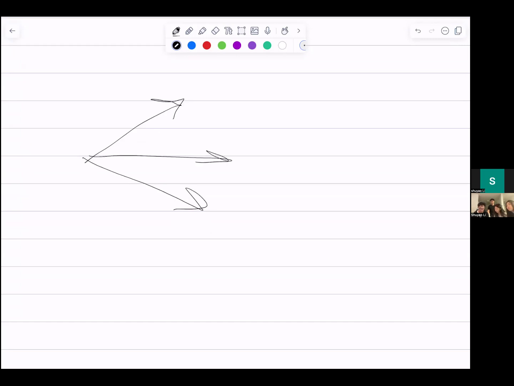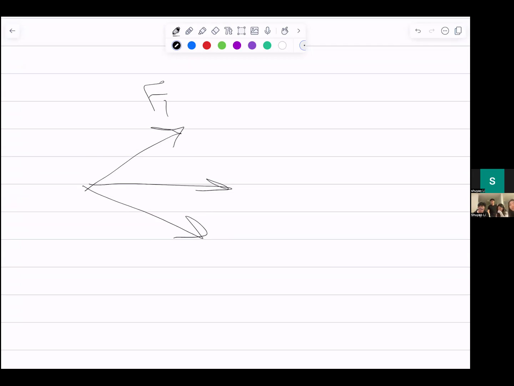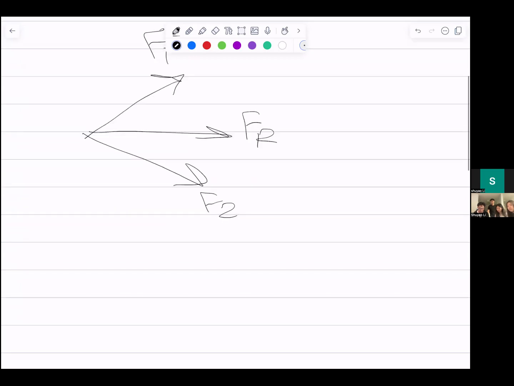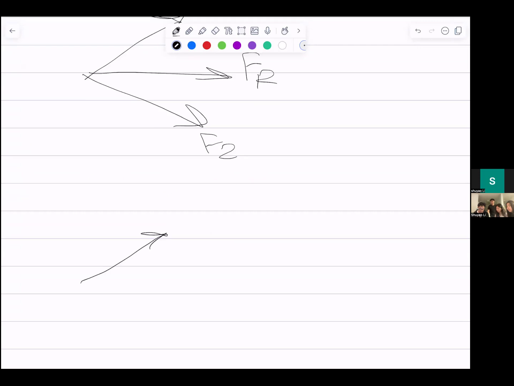The way to find that is the tip-to-tail method: the tip of F1 to the tail of F2, and then the resultant is the vector that creates half of the parallelogram.